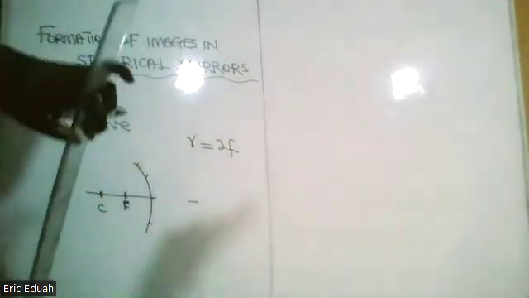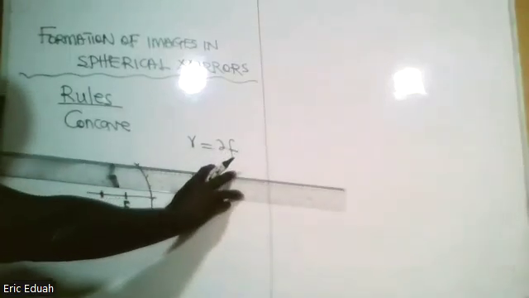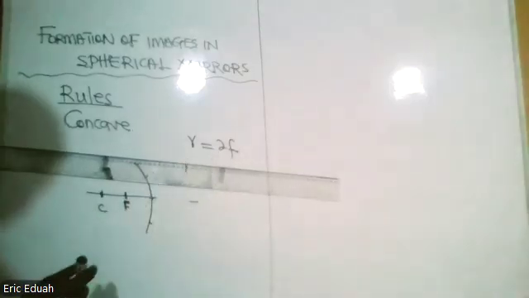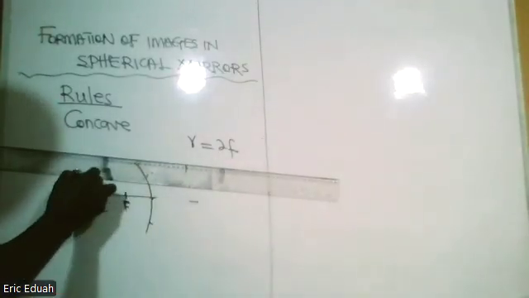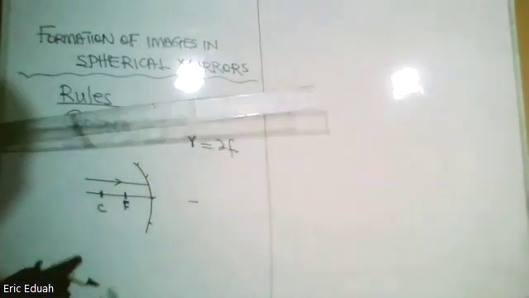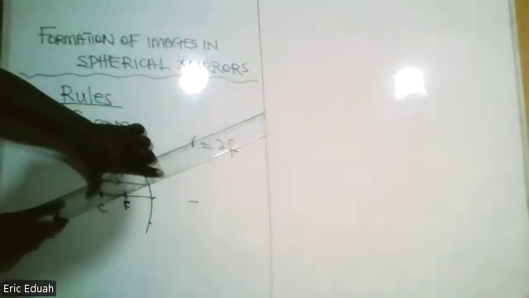The first rule is this. A ray of light parallel to the principal axis, a ray of light which is always parallel to the principal axis, after reflection, must pass through the principal focus.